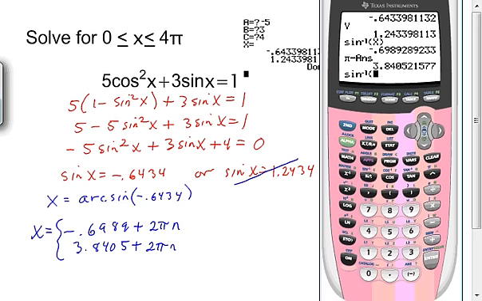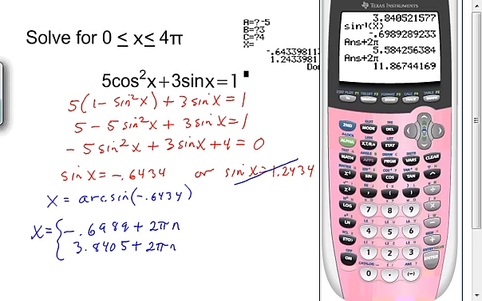Inverse sine of x. Don't want it, but I do want that plus 2 pi, 5.58, plus another 2 pi. See if that's still less than 4 pi. 4 pi is 12 something. So 11.86 is smaller than that. So those two solutions are good.